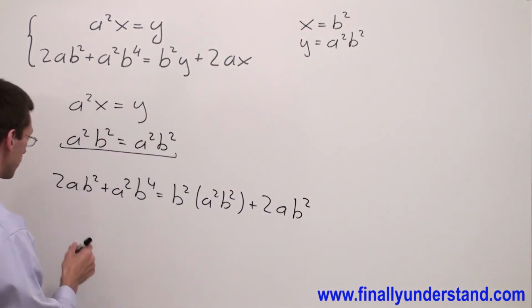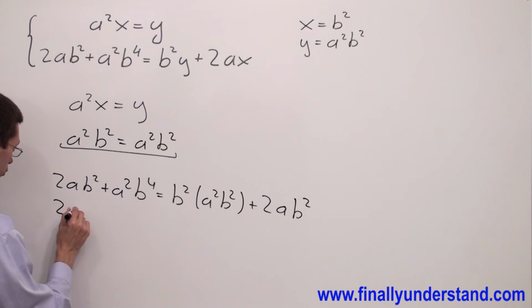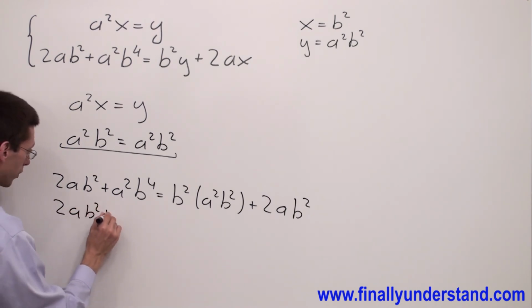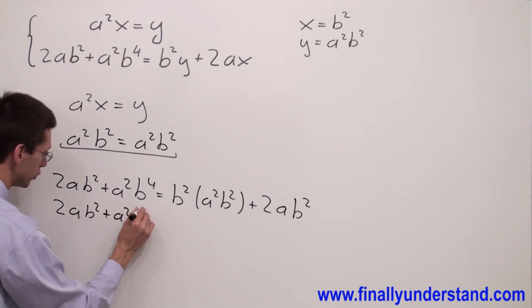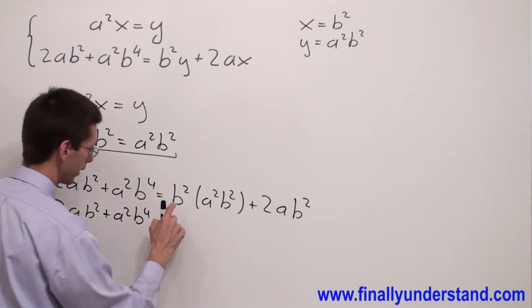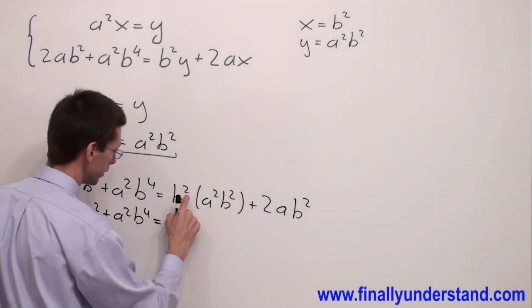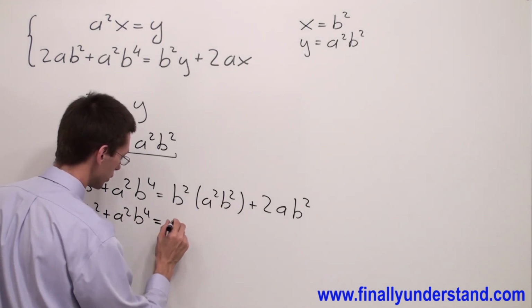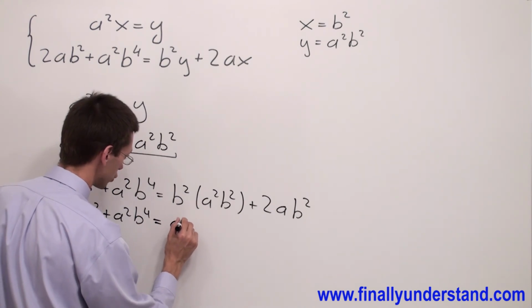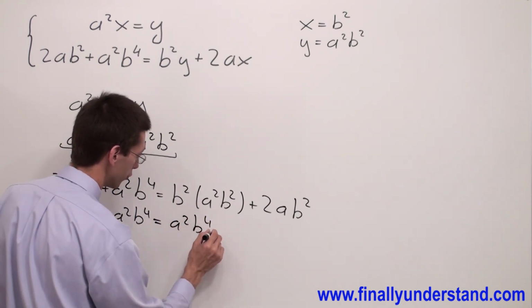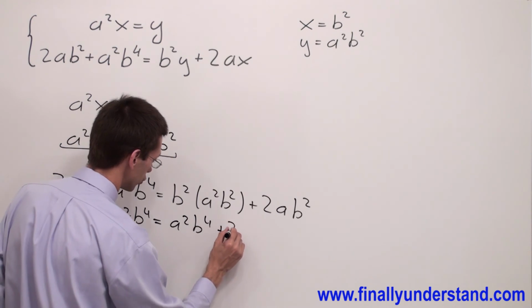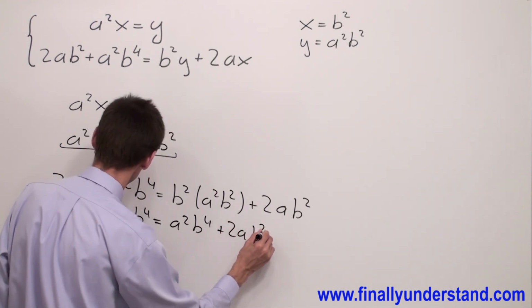Okay, so copy down the left side. We have 2ab squared plus a squared b to the fourth is equal b squared times a squared b squared is equal a squared b to the fourth plus 2ab squared.